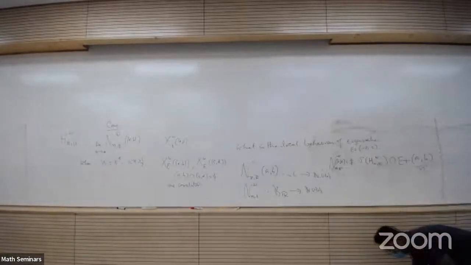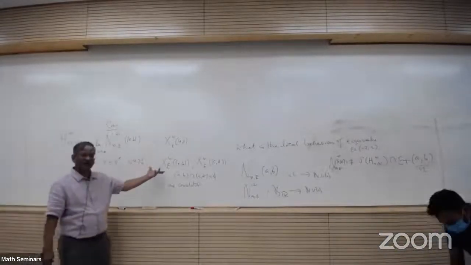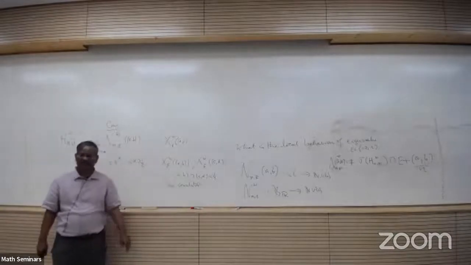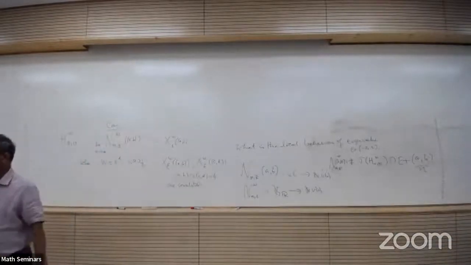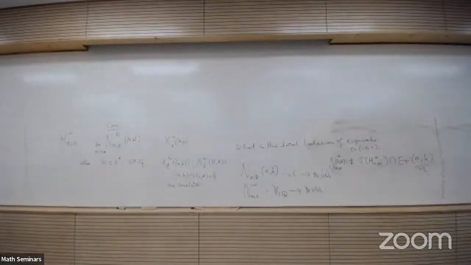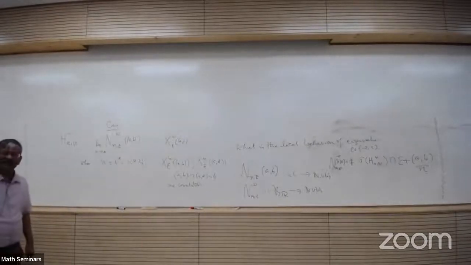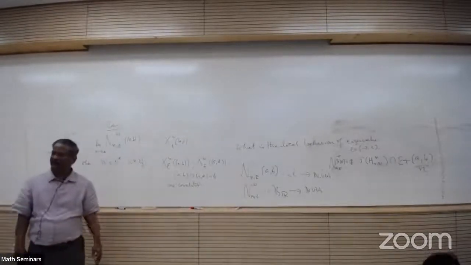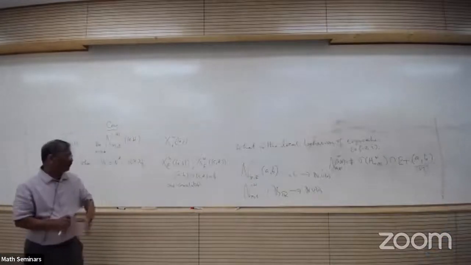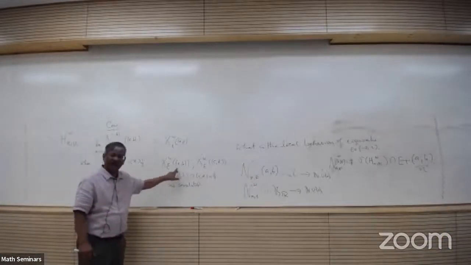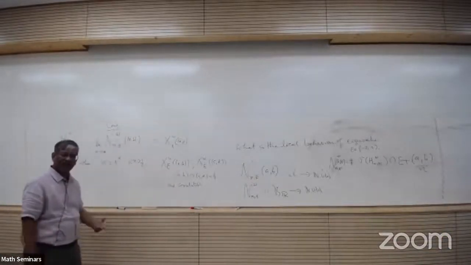The statement I'm making is much more than this. The conjecture gives an explicit density for the correlation functions of the points here. So point process, remember.